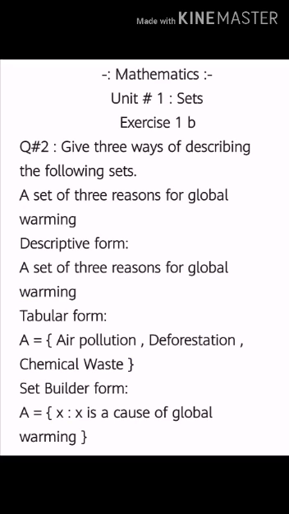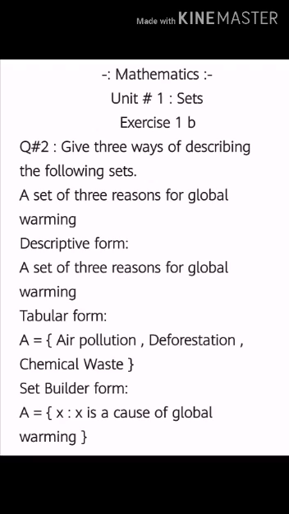Question number 2: give 3 ways of describing the following set. A part is a set of 3 reasons for global warming. The first method of describing the set is descriptive form. So, first of all, we will represent our set in descriptive form.